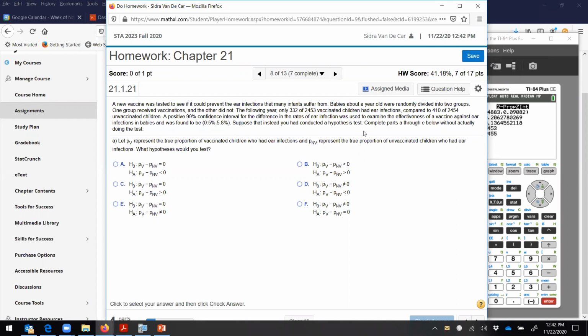Suppose we had conducted a hypothesis test. All right. So we believe that the vaccinated should be lower than the never vaccinated. So vaccinated, if you move this to the other side, would be lower than the unvaccinated. So that's true.